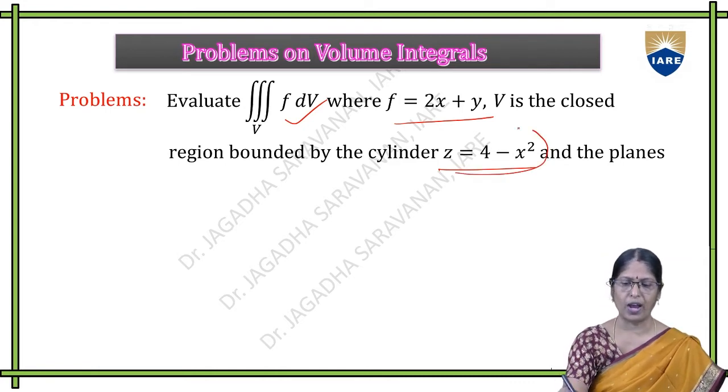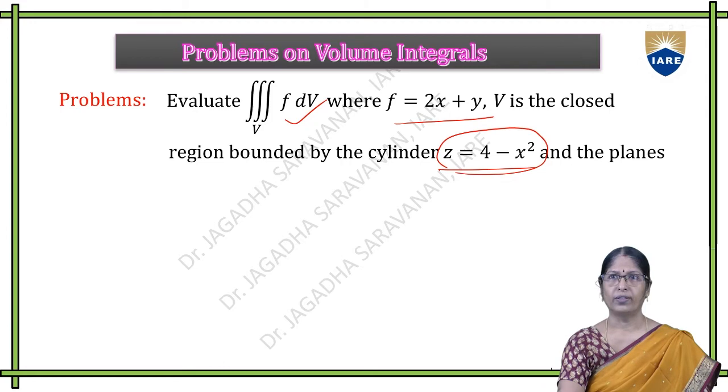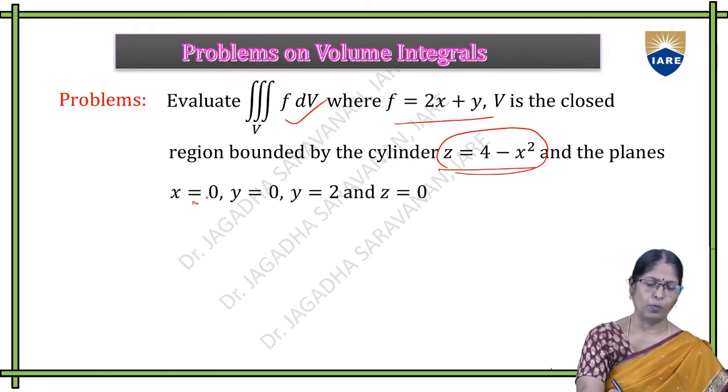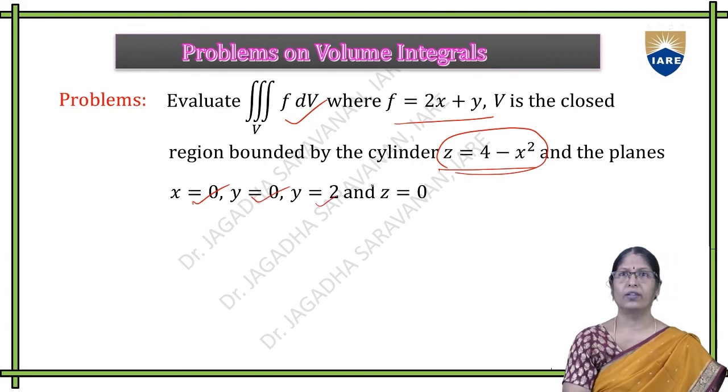This point we have to note down. That is the surface of the cylinder, it is in the xz plane. And the planes, the bounded region conditions, x equal to 0, y equal to 0, y equal to 2 and z equal to 0.